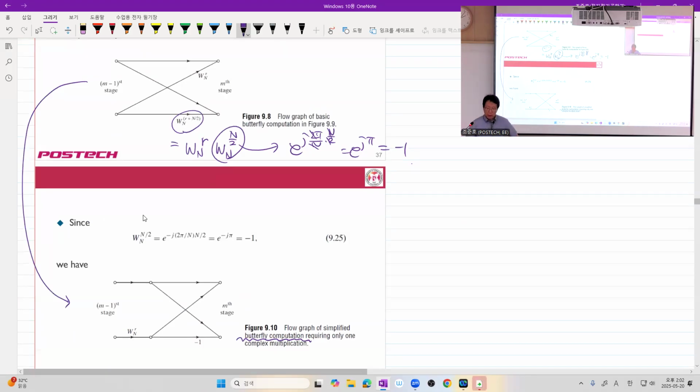So the m-1 stage to m stage, here we have two constant multiplications, but by using this property, we could reduce it to one complex multiplication. And this is called butterfly computation to reduce the number of complex multiplications.